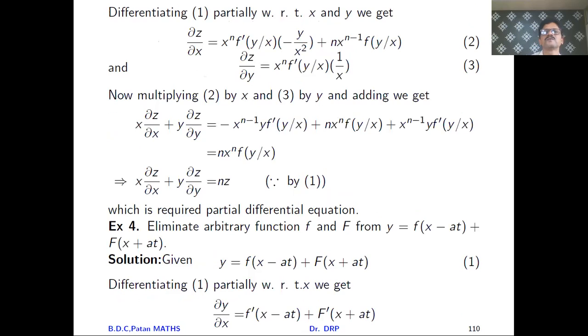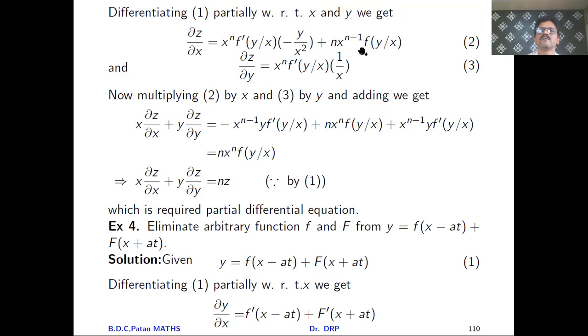So del z by del x is equal to x raised to n, first function as it is, into f dash of y upon x into the derivative of the bracketed function. y is a constant, and the derivative of 1 upon x with respect to x is minus 1 upon x square. So this gives the first term.